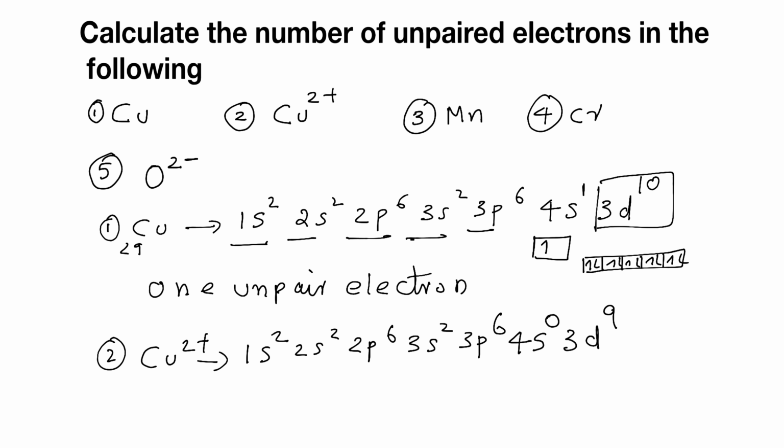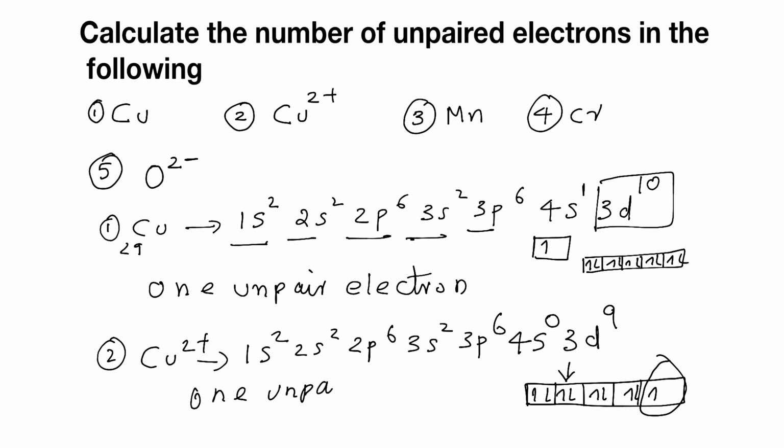So 3d becomes 3d9, 4s becomes 4s0. Total 2 electrons are missing. Okay, now check how many unpaired electrons are there. For d, how many orbitals? 5. So 1, 2, 3, 4, 5, 6, 7, 8, 9. Now check how many unpaired electrons? 1. Again, right? 1 unpaired electron.